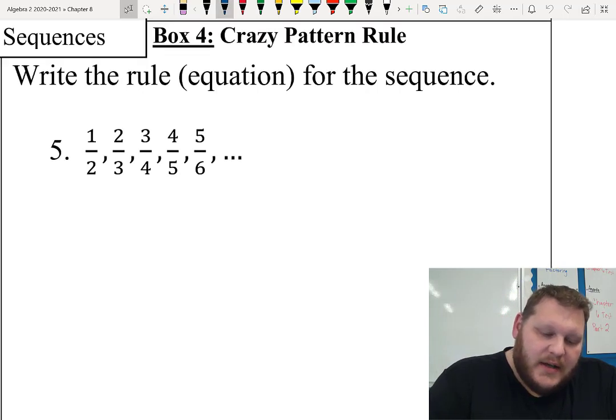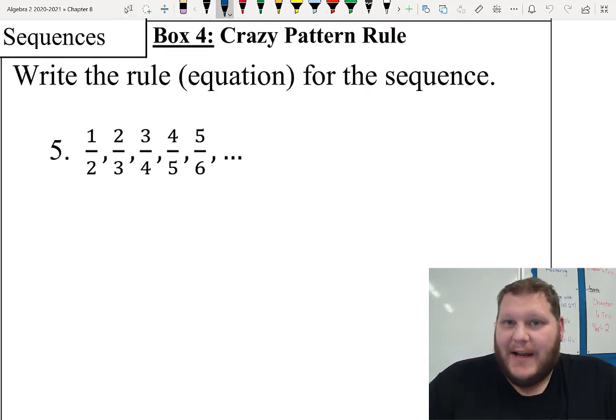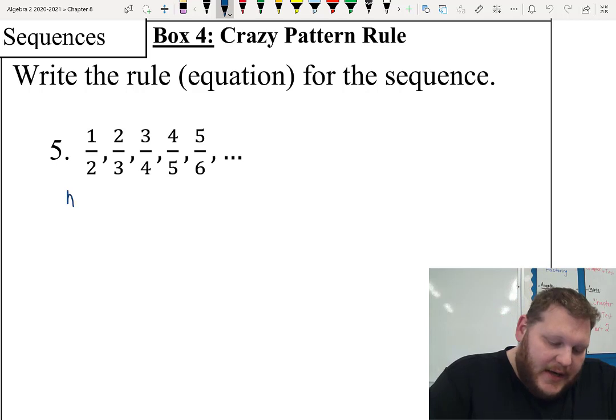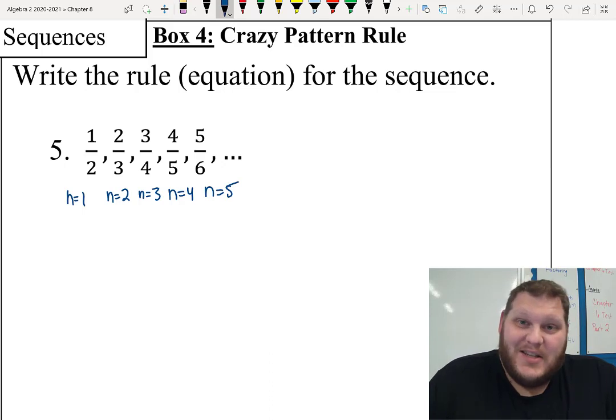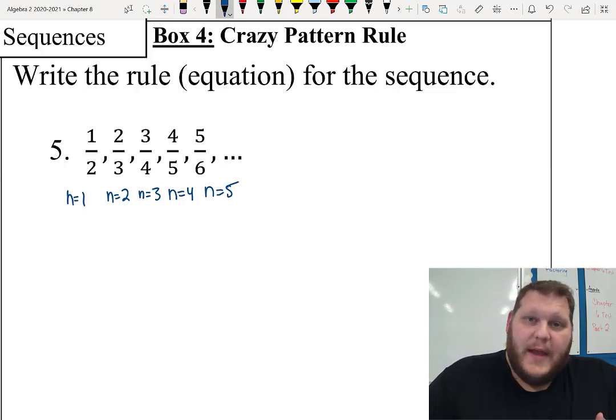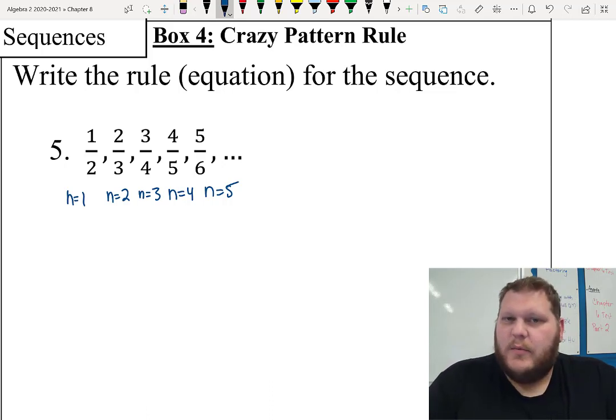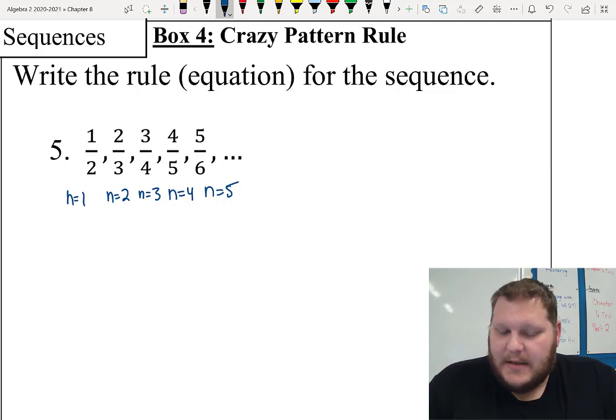What I always like to do, what I find helpful when I can't figure it out, I write out what my n values are to try and figure out what equation I could write in order to give me my terms. Because I know that my equation has to use n, so that means I have to be able to use these numbers to get what my term is in the actual position of my sequence.